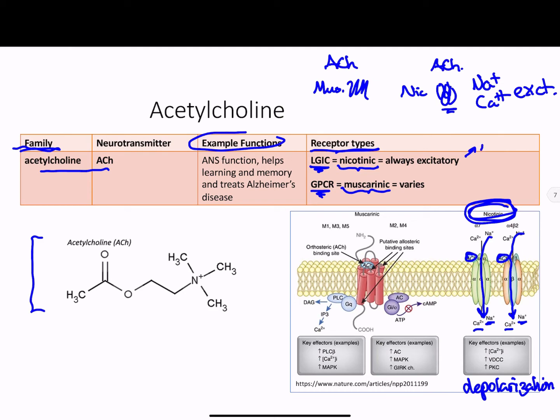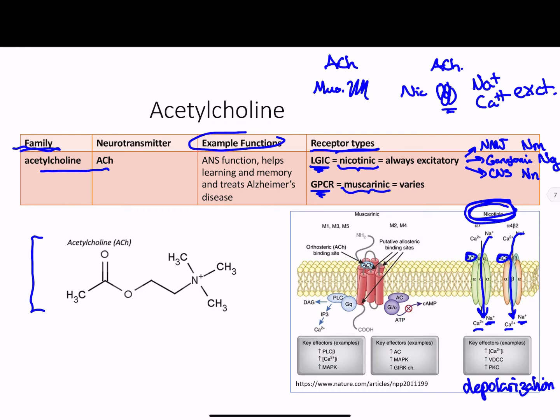We're going to talk about the neuromuscular junction nicotinic receptors, often referred to as NM. We're going to talk about the ganglionic nicotinic receptors, which we often refer to as NG. And we're going to talk about the CNS nicotinic receptors, which are usually NN for neuronal nicotinic. Those will come up very soon in the next lecture.